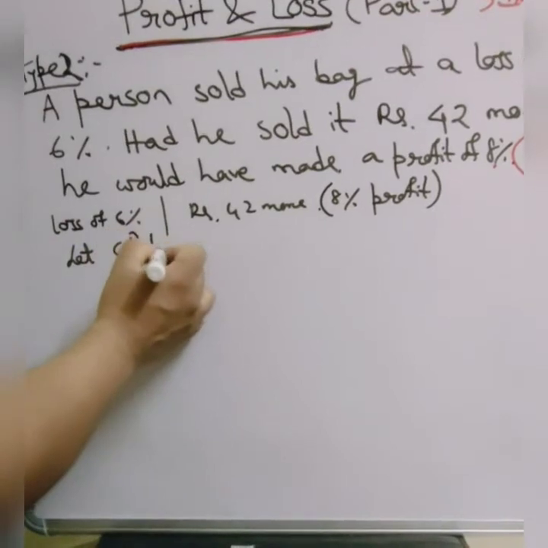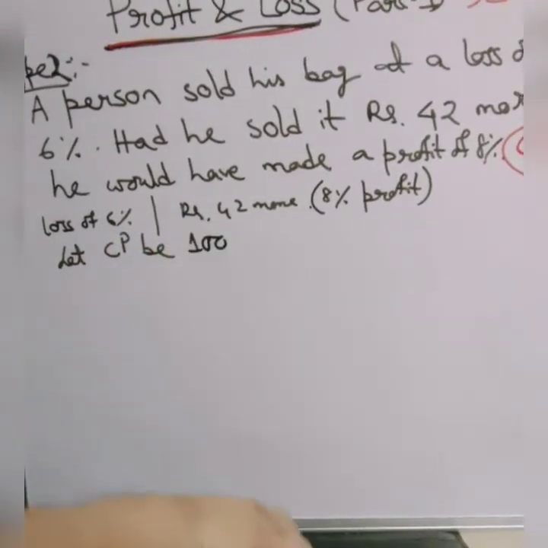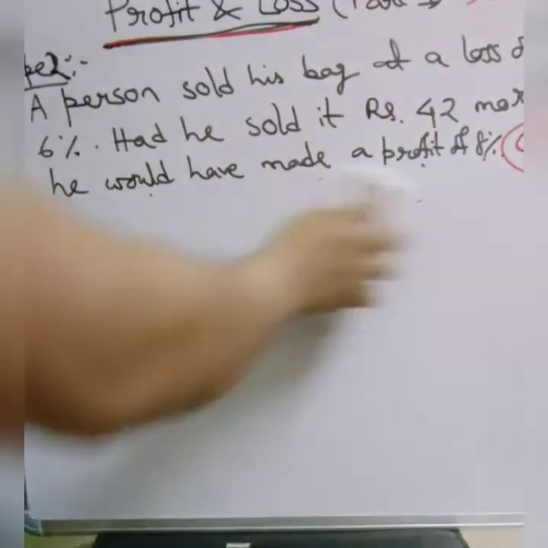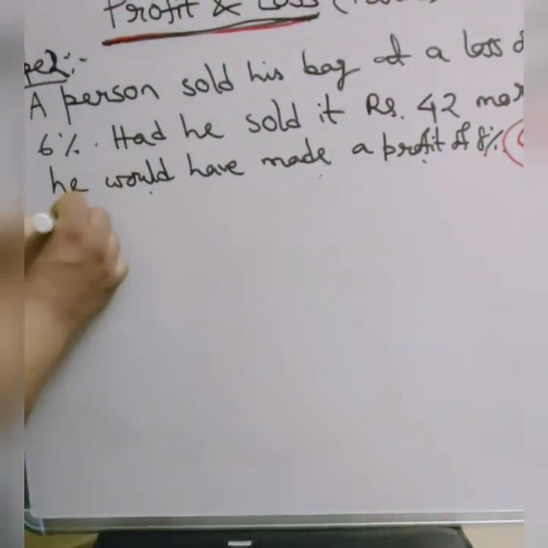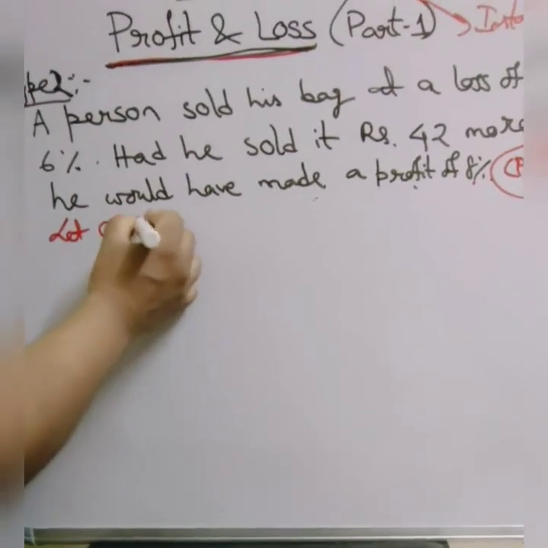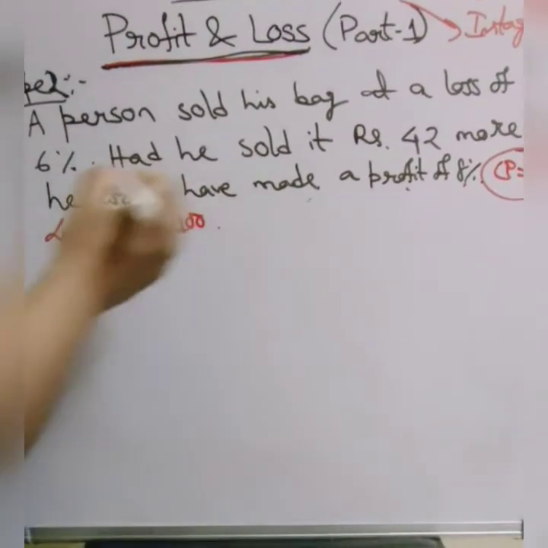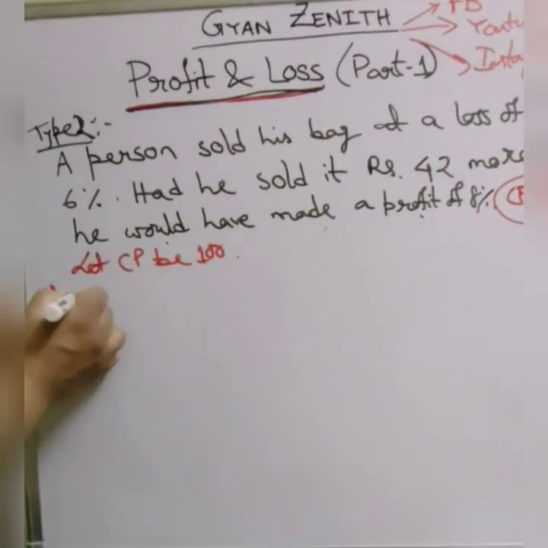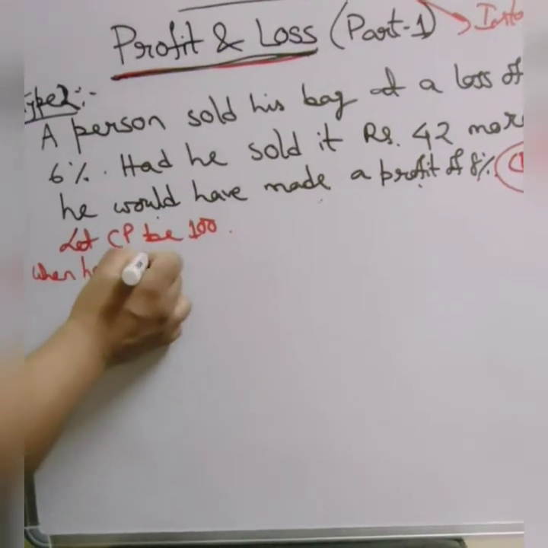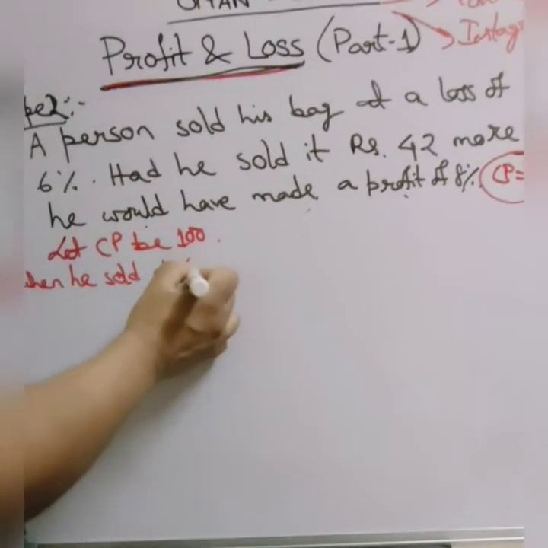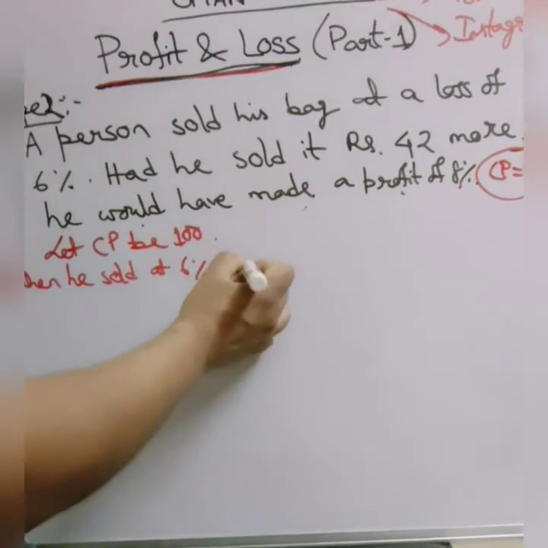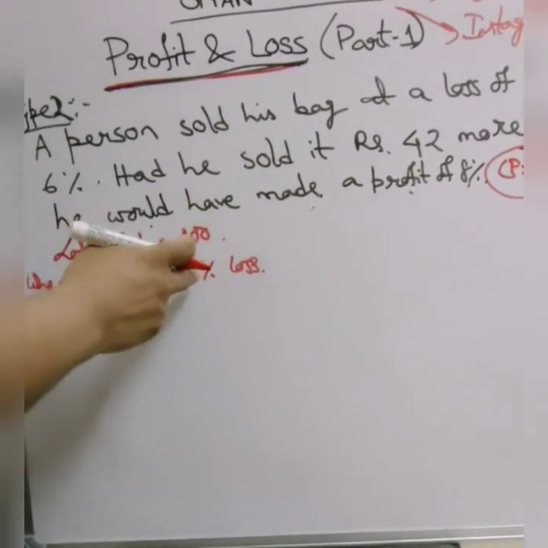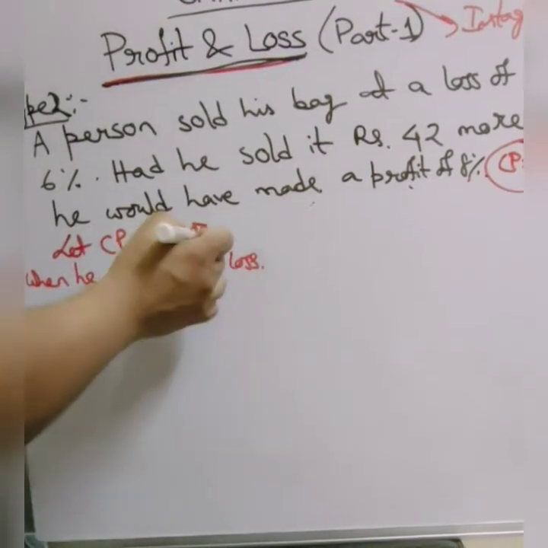Let CP be 100. Okay. So when he sold at 6% loss, on 100 rupees, 6% loss means 6 rupees loss, because I have assumed 100.